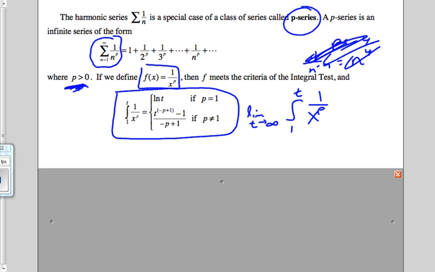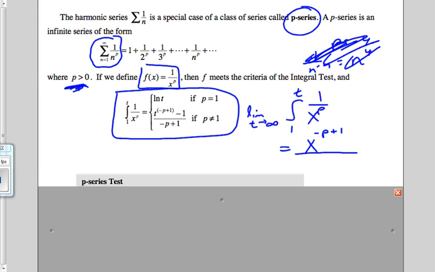As long as p doesn't equal 1, this is going to equal x to the negative p plus 1 all over negative p plus 1 evaluated from 1 to t.